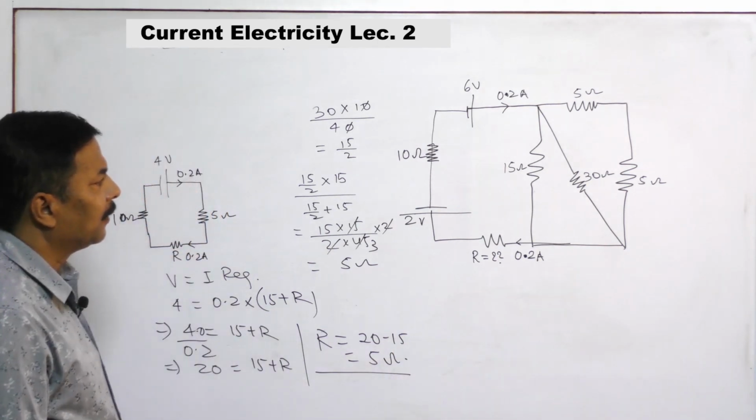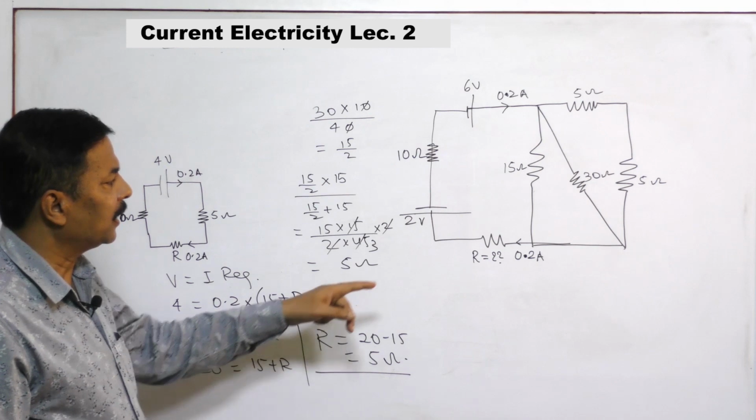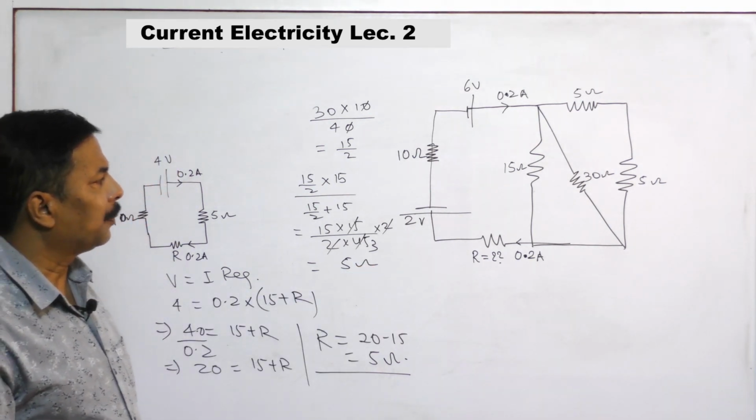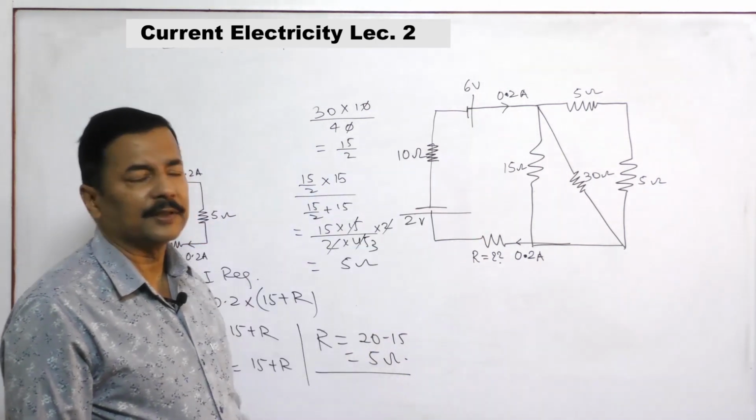So here the value we have got is that if the value of R is 5 ohm, we are in a position to get the same result.